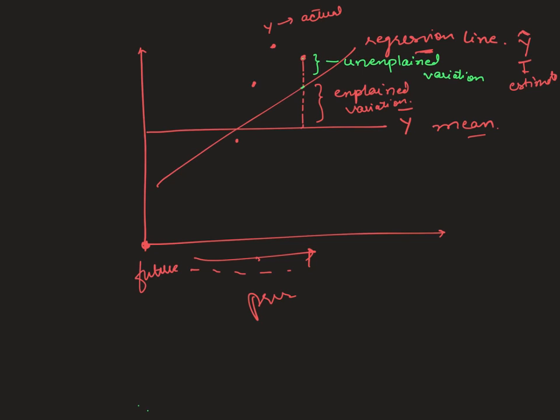Now they all have their own set of fancy names. I am just going to rub a little bit of this to create some space. They all have their own set of fancy names. This is called RSS. This is called SSE.